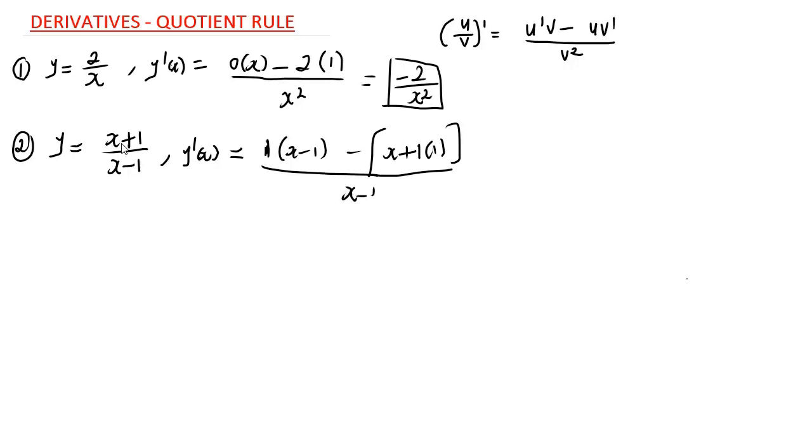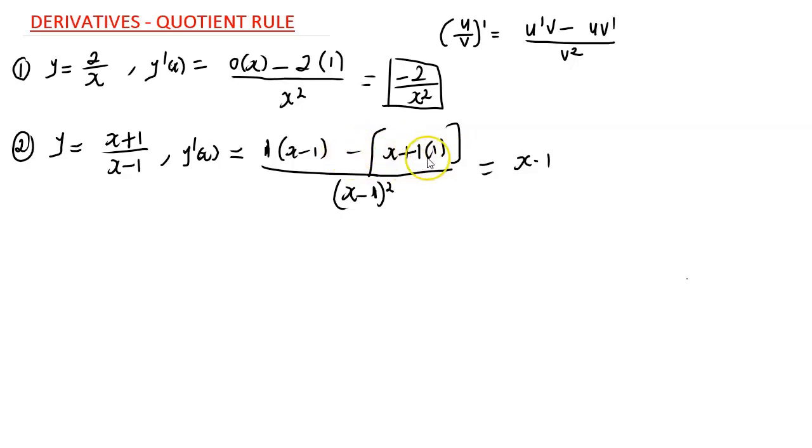So this is going to be divided by v squared, which is s minus 1 squared. So this is going to be s minus 1. I'm going to have s minus 1. Then if you take a look at the value inside this parenthesis, this is going to be s plus 1.